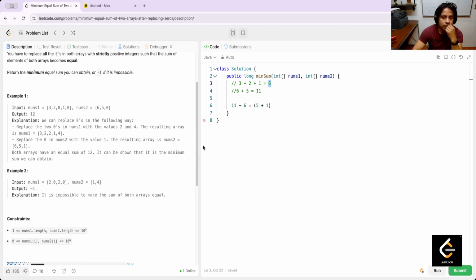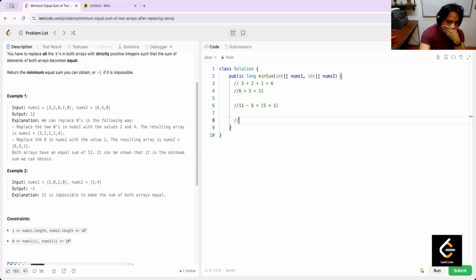For example, here is 4. The first is 2 plus 2, it's equal to 4. And here is 1 plus 4, it's equal to 5. And here I have two zeros.